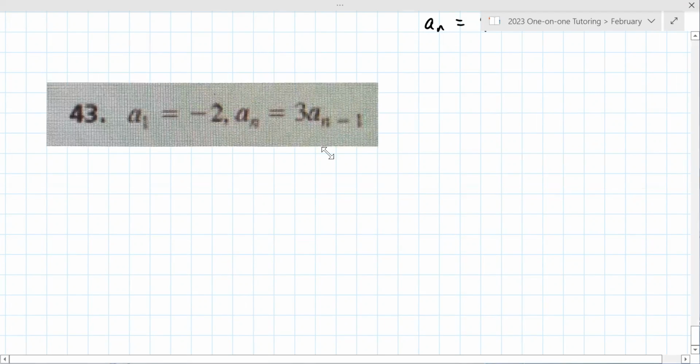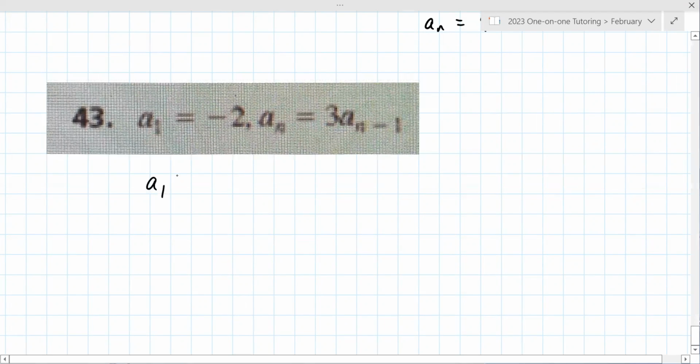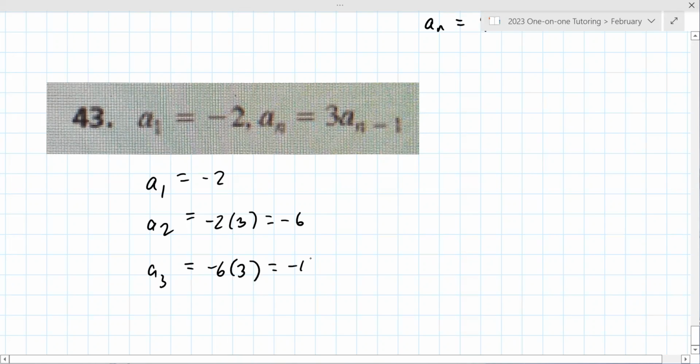All right, so 43, we're going to write out a few terms again. The second term means to take the previous term and multiply it by 3. So that means -2 times 3, which is -6. -6 times 3, which is -18, and so on. So you see the pattern here. You're multiplying by 3.